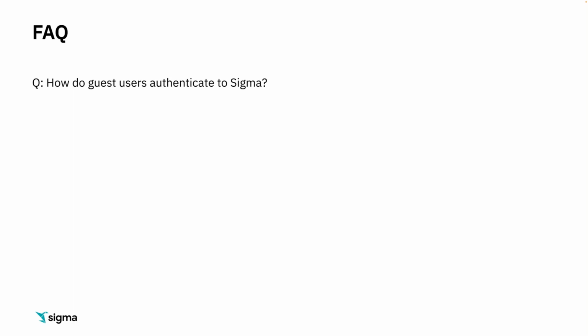So how do guest users authenticate? We have quite a few authentication options in Sigma. A lot of our customers will use an identity provider, like a SAML provider, something like Okta, to do single sign-on. That's pretty common. But for guest users, it's a little bit different. Guest users are external users.